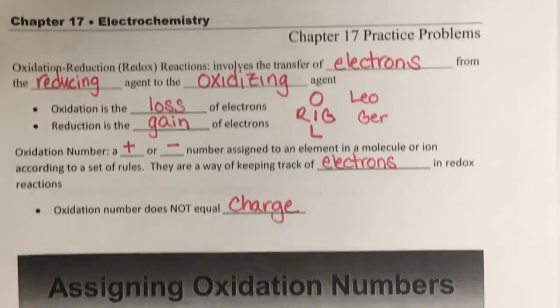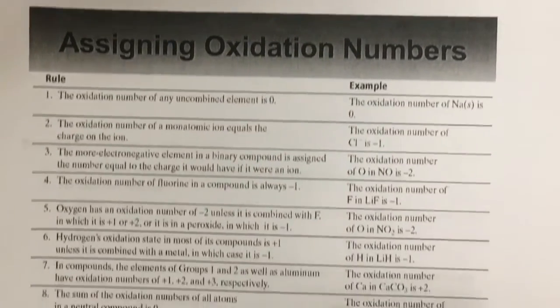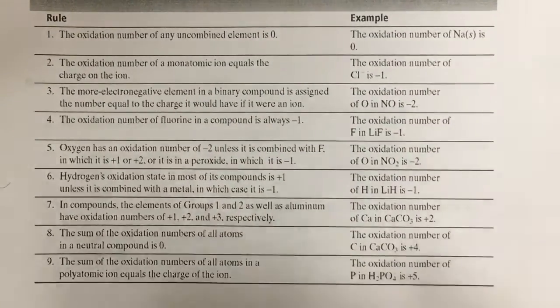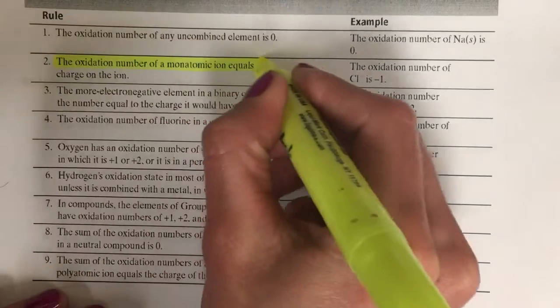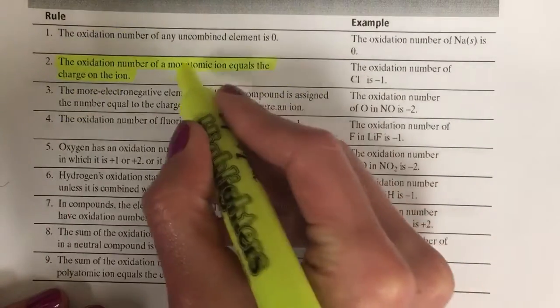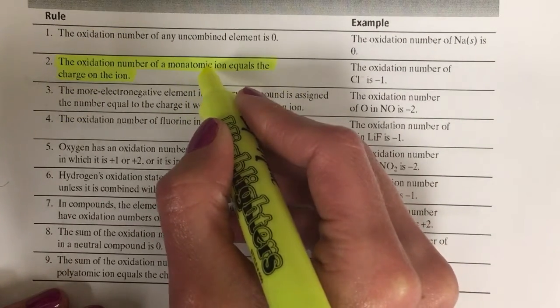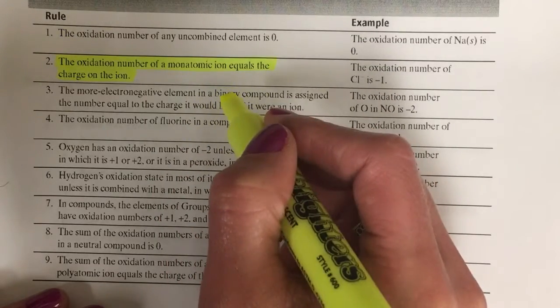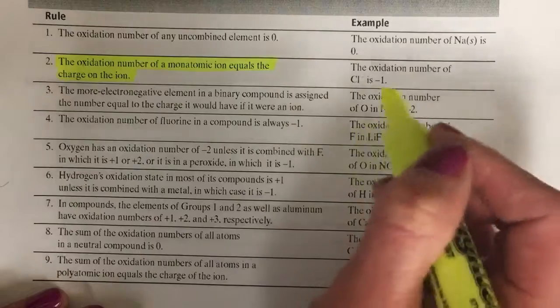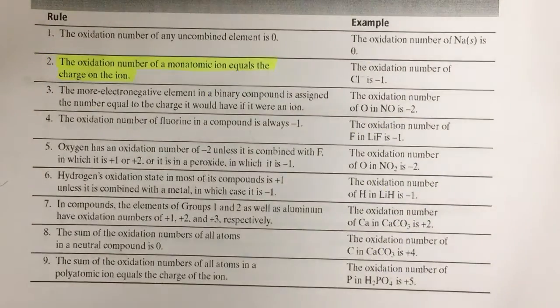Okay? So we've got some rules for oxidation numbers. Now I said it can be the same as charge. If I have a monoatomic ion, so for example NaCl, Na's oxidation number would be +1, Cl's oxidation number would be -1. So in ionic compounds, monoatomic ions, the charge is the same.